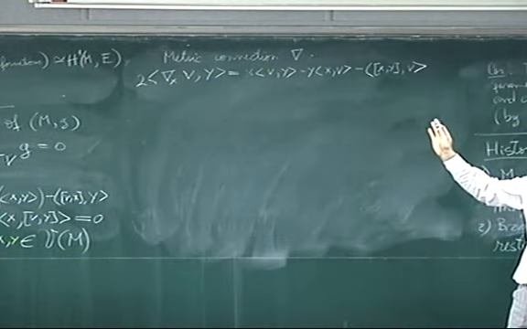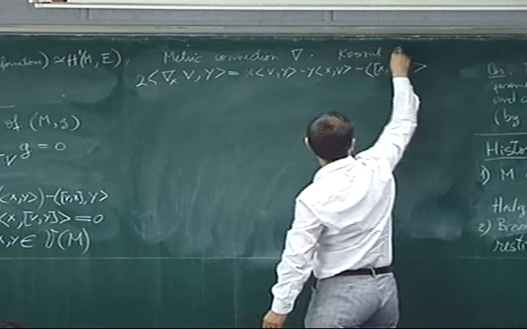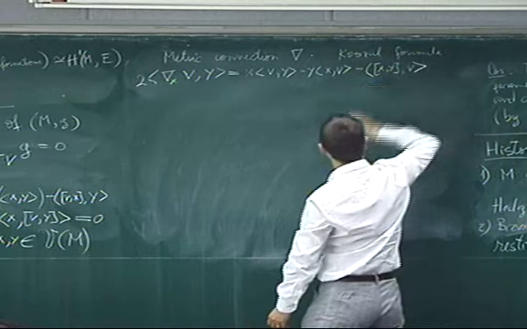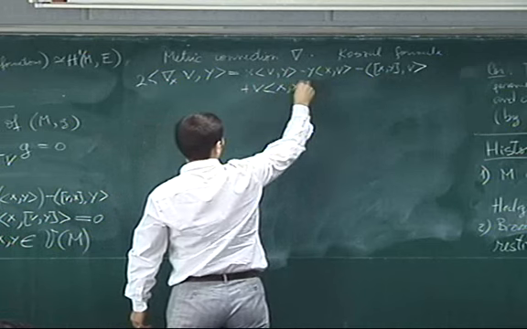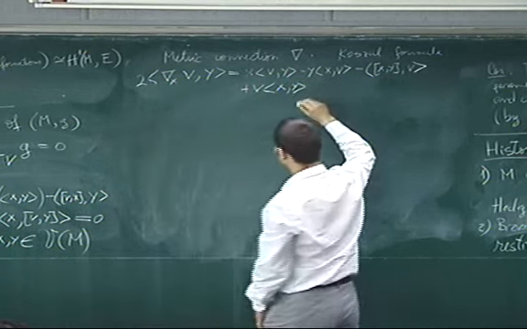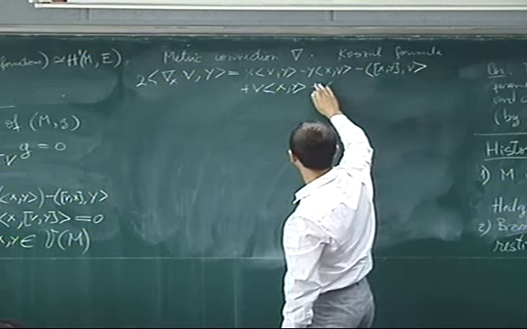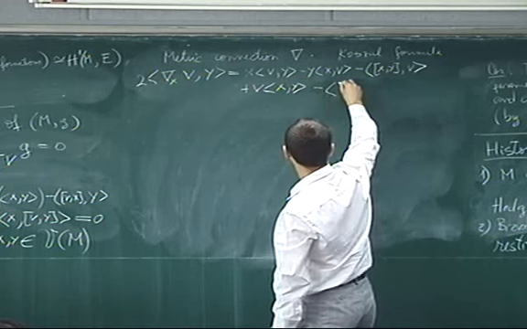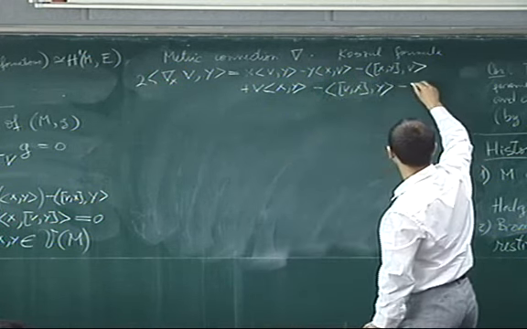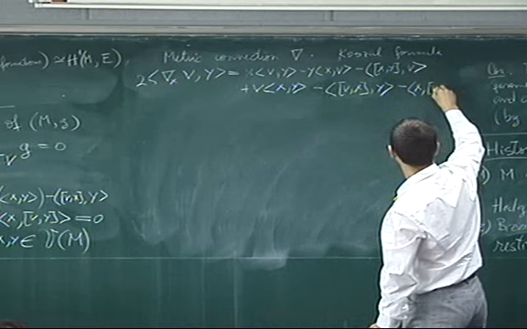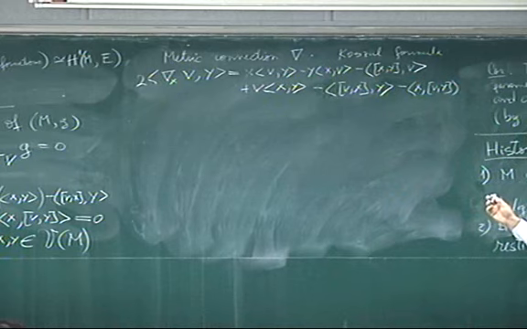This is the so-called Koszul formula. So I'm just repeating the Koszul formula. And then there are 3 more terms: plus V of g(X,Y), sorry, let's say minus g([V,X],Y), minus g(X,[V,Y]). This is general for every vector fields X, Y, and V.